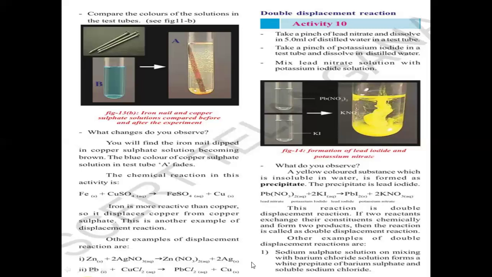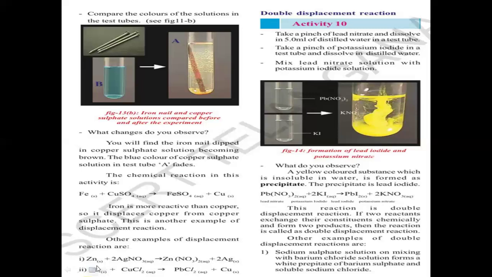See this third and fourth example where zinc reacts with silver nitrate to form zinc nitrate and silver. So zinc is highly reactive, displacing the silver. Coming to the next example, lead reacts with copper chloride to form lead chloride and copper.